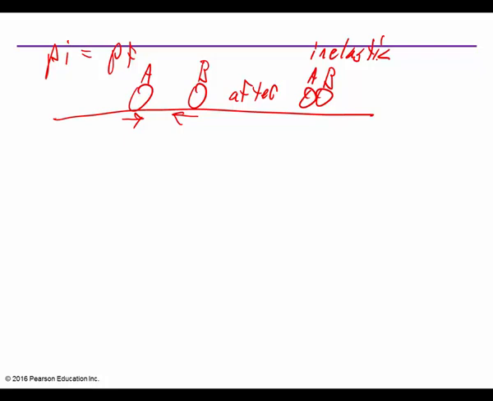So how do we solve this problem? Well, we've got the momentum of A, so we've got m_A v_A initial plus m_B v_B initial is equal to, they stick together, so then it becomes what? m_A plus m_B times v final, and we could call that v final of the system, of both, whatever you want to call it.